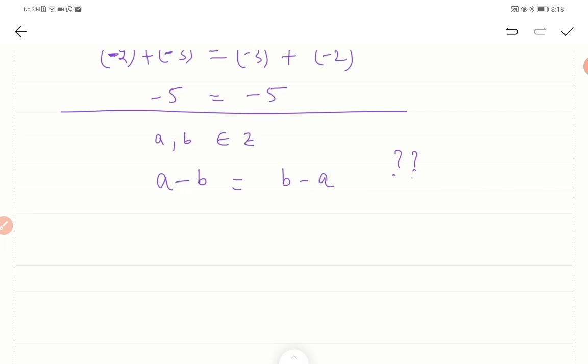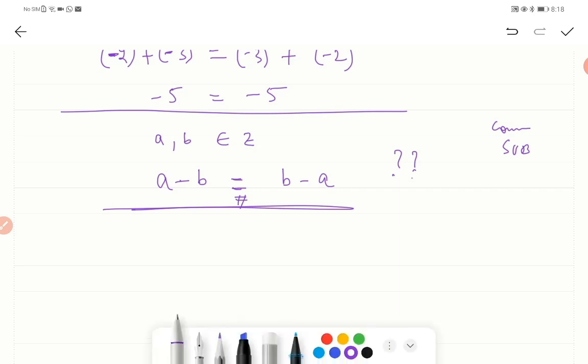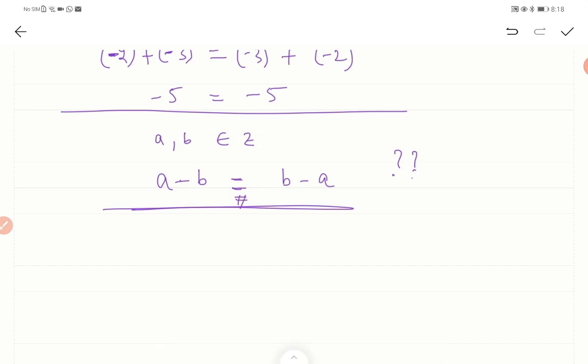Will it be equal or not equal? Under subtraction, is the commutative property true or not? Just try, think about it. We will discuss this in our Zoom meeting. Students, even if I forget, please remind me in the class.